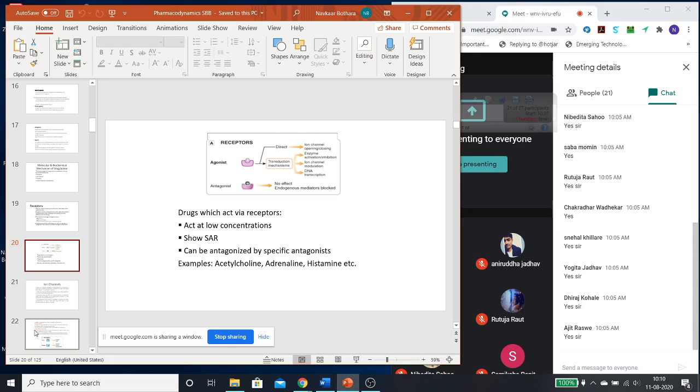Particularly, the agonist binds with the receptor, and if the receptor is on the cell membrane and acts as a transporter or channel, then it will show immediate action; it will open, and because of opening it will allow the passage of certain things.